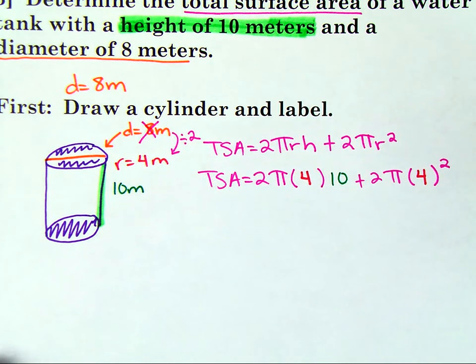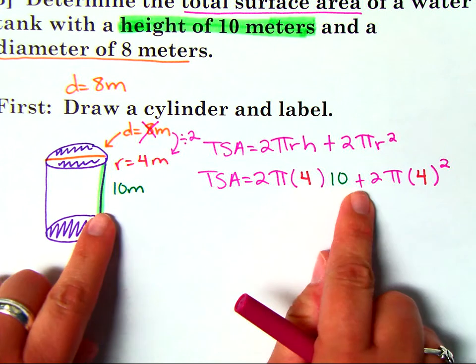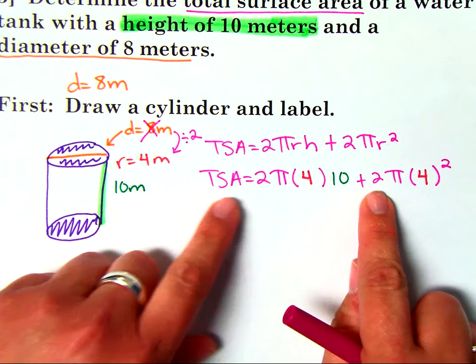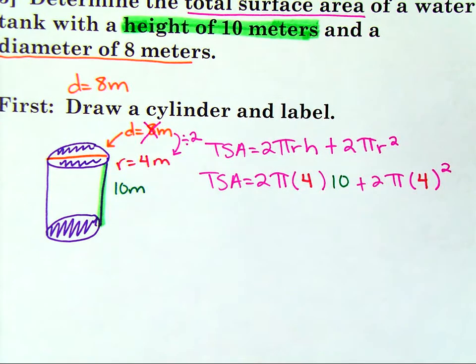All right, so again, there's a lot of little steps in here. 2 times pi times radius times height of the cylinder plus 2 times pi times the radius to the second power. So plug that in your calculator. Let's see what you get. And then come back and see what I got. Check your work.